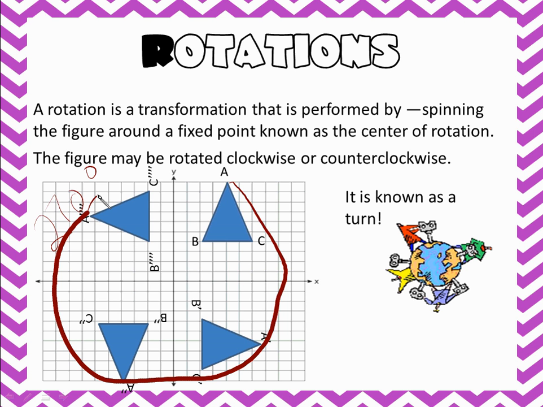And of course, if I were to take it back to its original spot, that is 360 degrees clockwise. So from here to here is 90. From this quadrant to this quadrant will be 180 degrees, and from the original pre-image all the way to the fourth quadrant is 270 degrees.